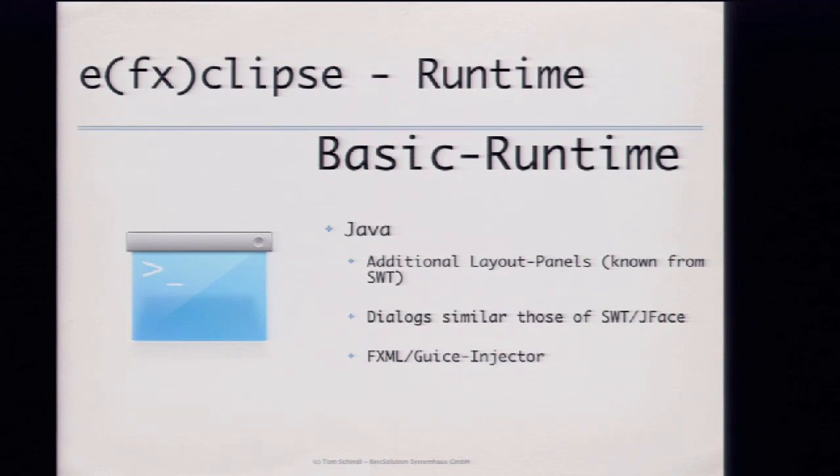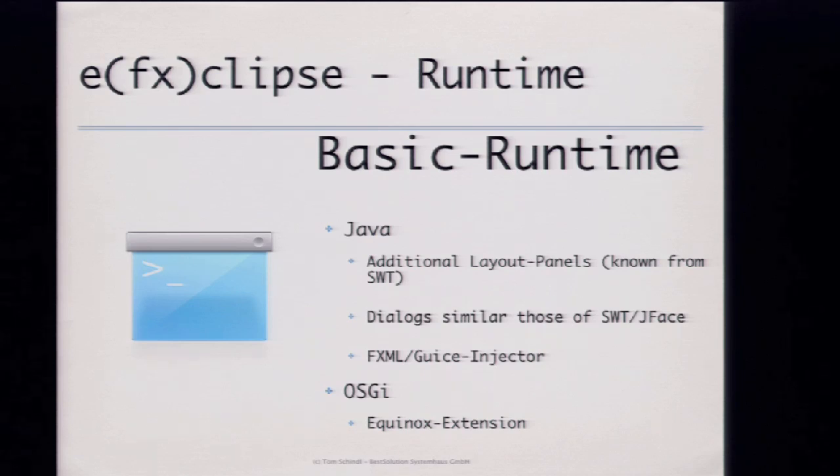We have FXML and Guice integration, and as I just said, the most important thing for us at Eclipse is that we use OSGi, so whenever you use something in Eclipse or want to use it in Eclipse, you have to use it by using OSGi. So the problem here is that JavaFX is not on the boot class path. It's not even spec'd.